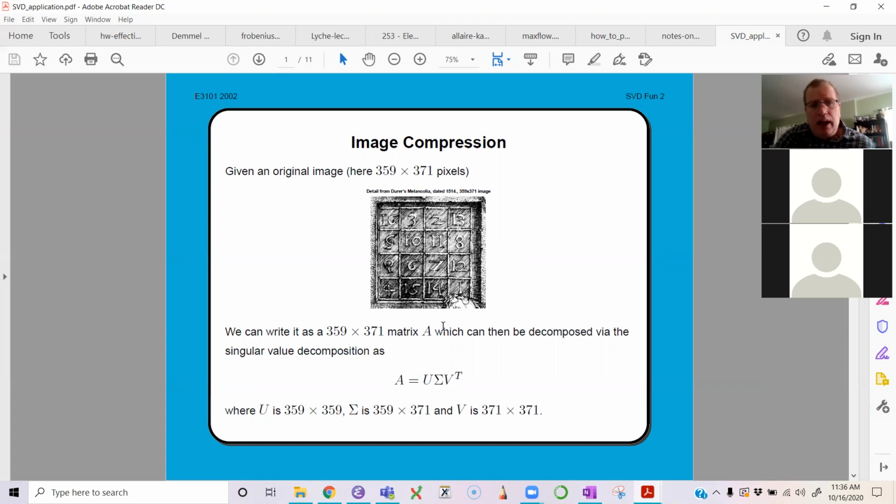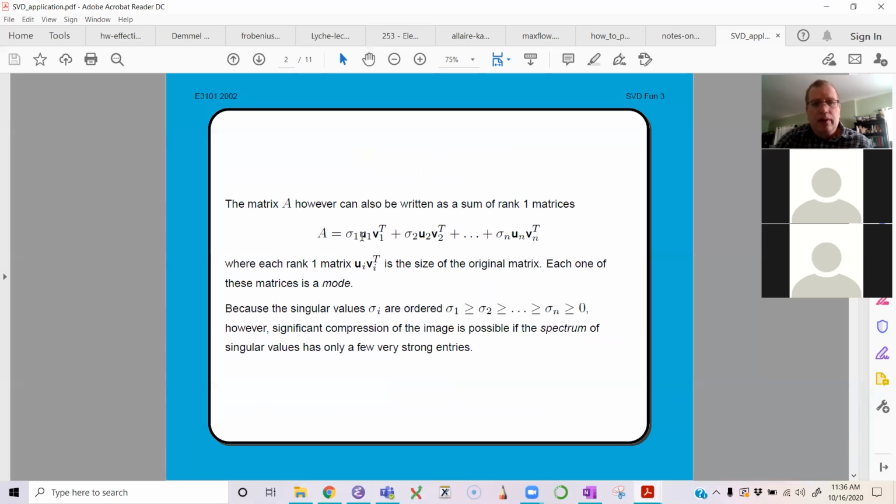In any case, you compute the singular value decomposition, and they give you the dimensions here. They are taking the case where U is square and V is square, and sigma has the same shape as the original matrix. So you can also write it like that, order them.